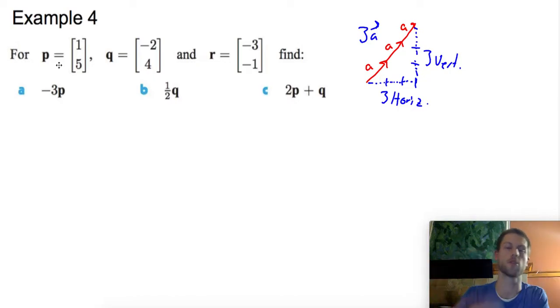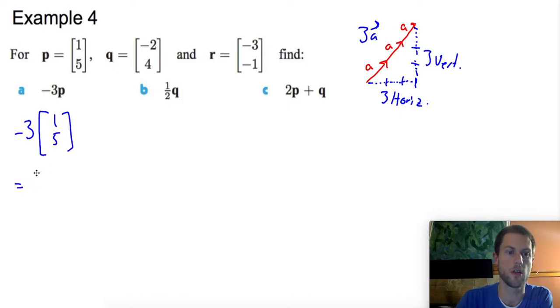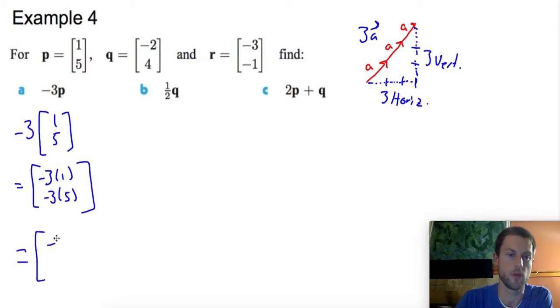That's how I want you to think about this. Anyways, the process looks like negative 3 times the components 1, 5, so negative 3 times 1, and then negative 3 times 5. So the resultant will be negative 3, negative 15.